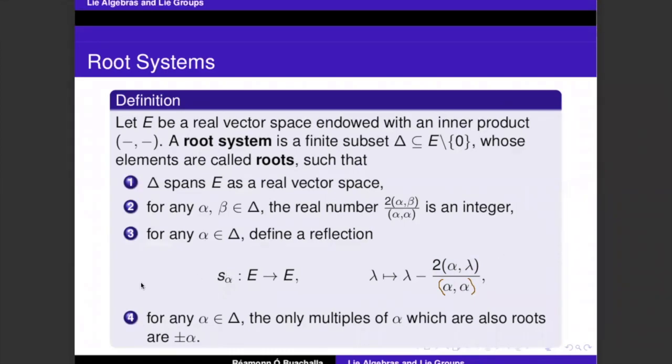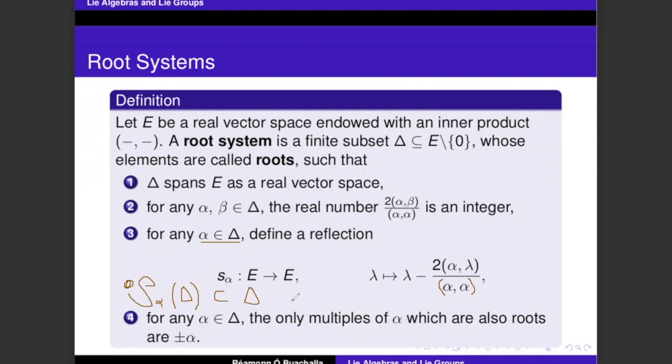So we've defined this reflection, and then there's a condition missing here, the most important one, which is that when we take any root vector and operate on the roots by this reflection, we're going to land back inside this. So it's basically that the reflections permute the roots. That's the symmetry condition that we're imposing.